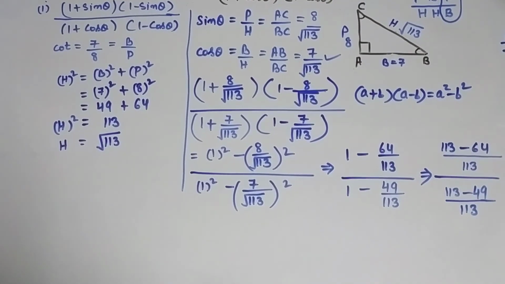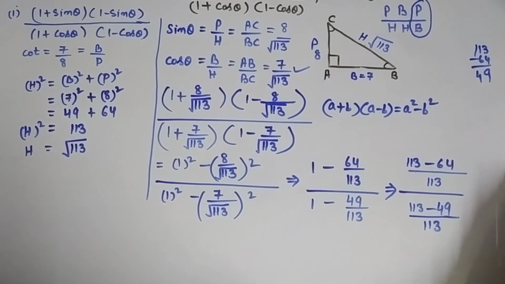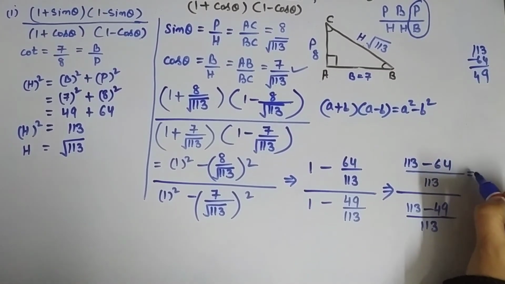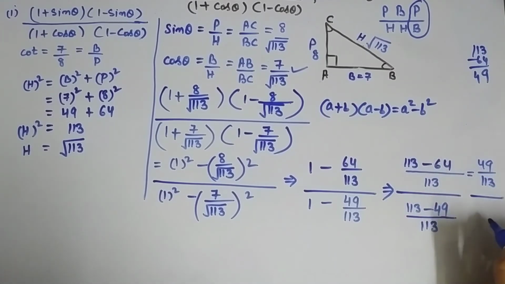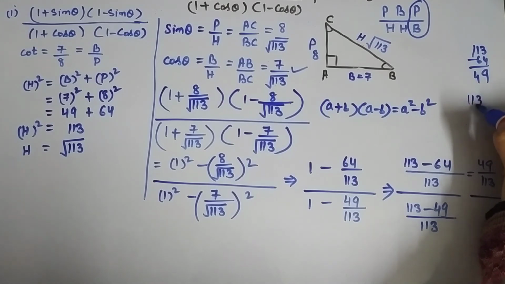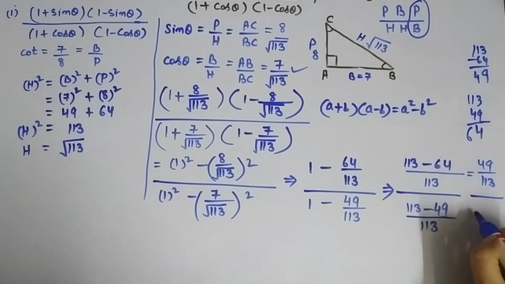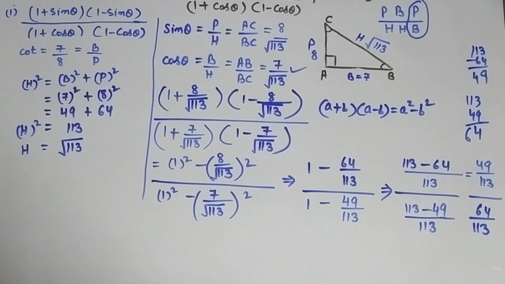So here 49 upon 113, and here 113 minus 49 we have 64, so 64 upon 113.